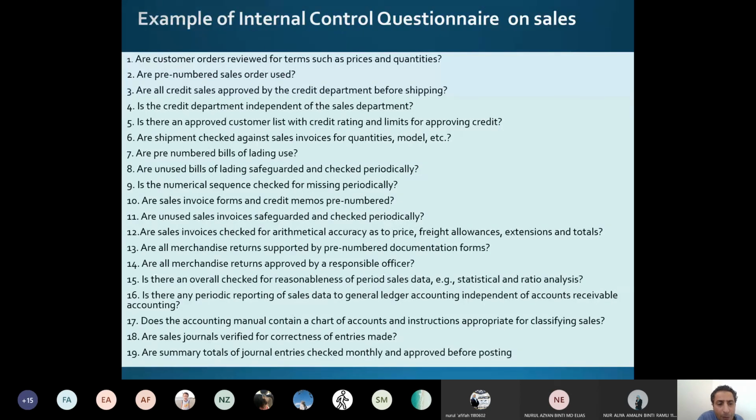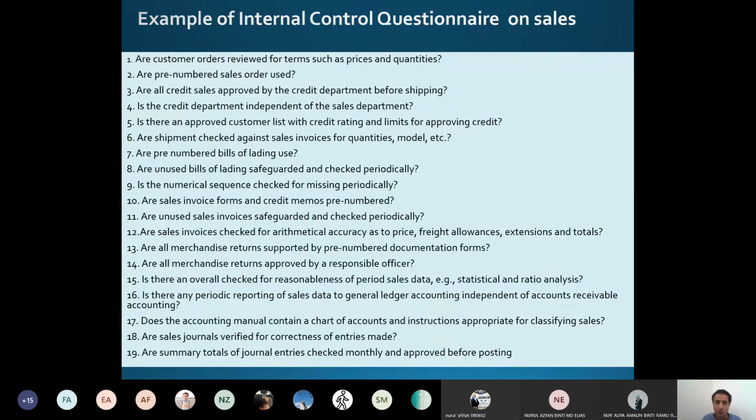They are supposed to prepare it based on the invoice, the sales order and the customer order. Supposedly they have those three documents, and if it is a computerized system, then it will be based on the invoice draft. So they need to check the quantities and the specifications of the items.